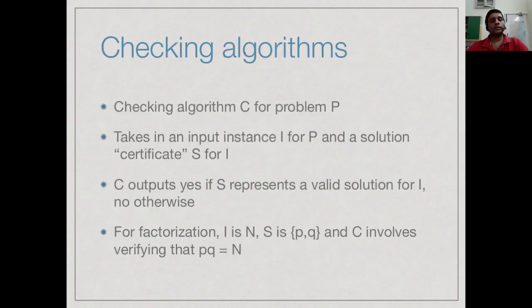If so, it says that the solution is correct and outputs yes. Otherwise, it says no. So in our factorization example, the input instance is the number n to be factorized. The solution that we get as a candidate to solve the problem is the pair of primes p and q that the student has calculated. And the checking algorithm involves verifying that p times q is actually n.